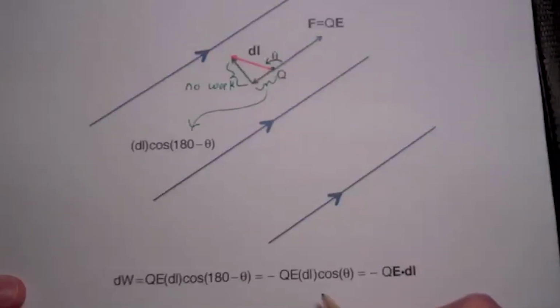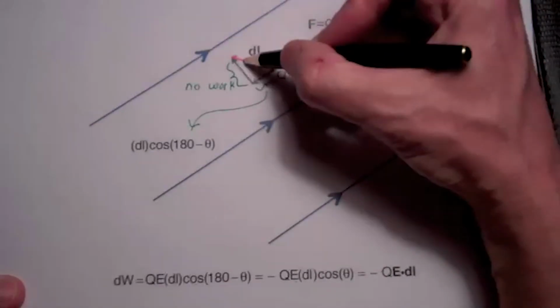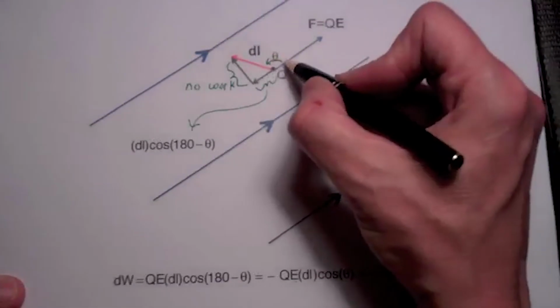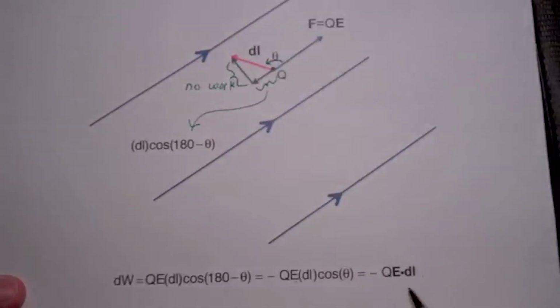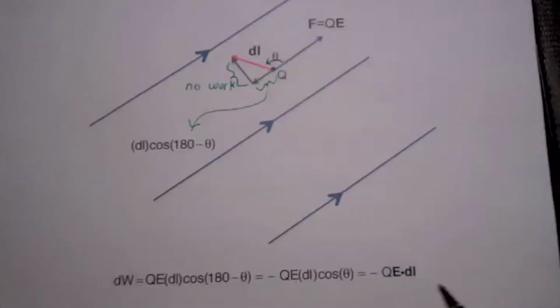And now we can recognize that the magnitude of the electric field times the magnitude of this displacement dL times the cosine of the angle between them is just the dot product between the electric field and our differential displacement dL. So the differential work is minus Q times the dot product of the electric field and our differential movement, dL.